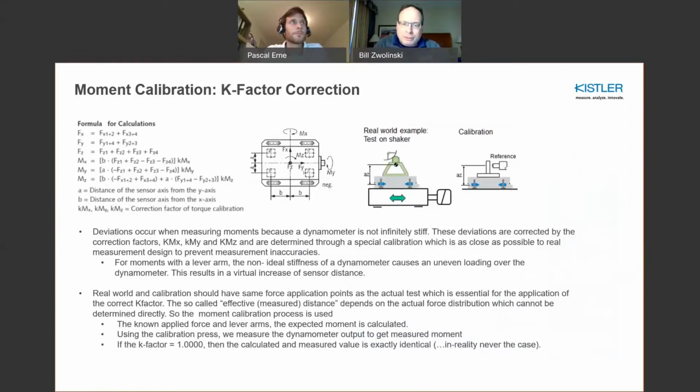What I didn't cover in the last session is I wanted to bring out the concept of moment calibration and K-factor correction. The reason why I want to cover it now is because we're talking quite a bit now on some of these applications on putting test articles on platforms, on force platforms. So you have some height, you have definitely some dimensions to deal with, and certainly what are the calibration factors.